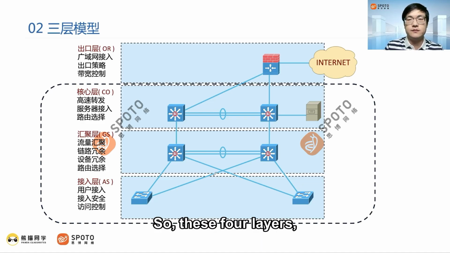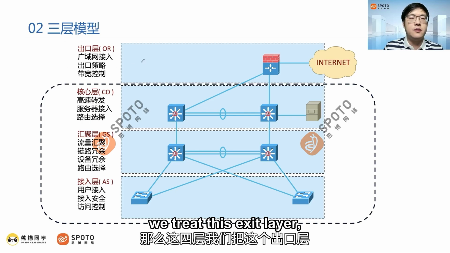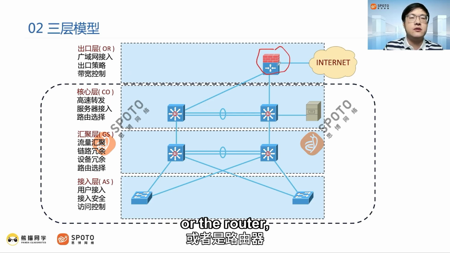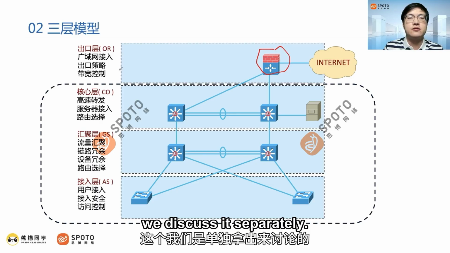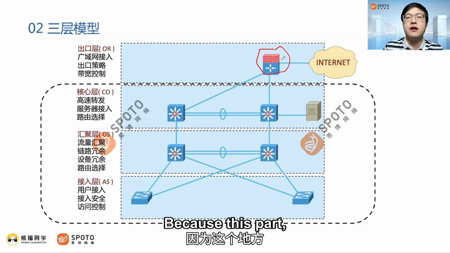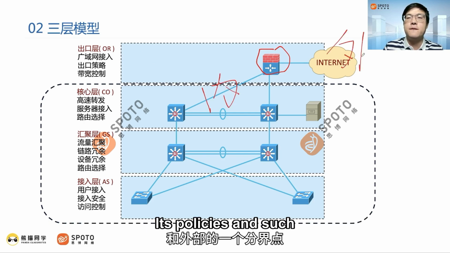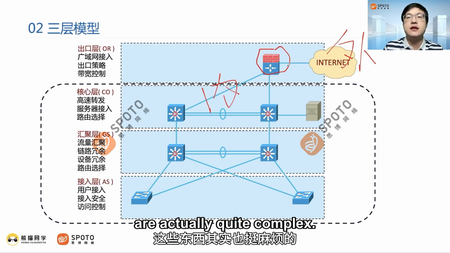Okay, so, these 4 layers. We treat this exit layer, the firewall or the router at the exit layer, separately, because this part is the boundary connecting our internal and external networks. Its policies and such are actually quite complex.